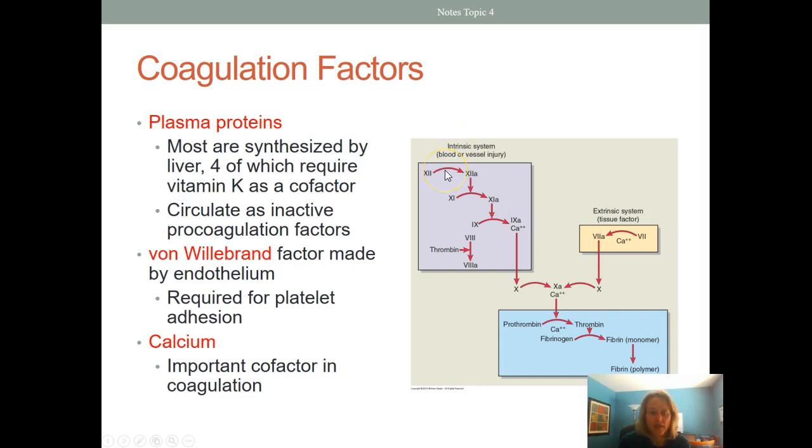They circulate as inactive factors, and then, as I mentioned, they get activated sequentially by the previous factor. And then we need that von Willebrand factor. That's the factor that is required for platelet adhesion, so formation of the platelet plug. And then calcium is an important cofactor in blood coagulation as well, so appropriate levels of calcium are also necessary.